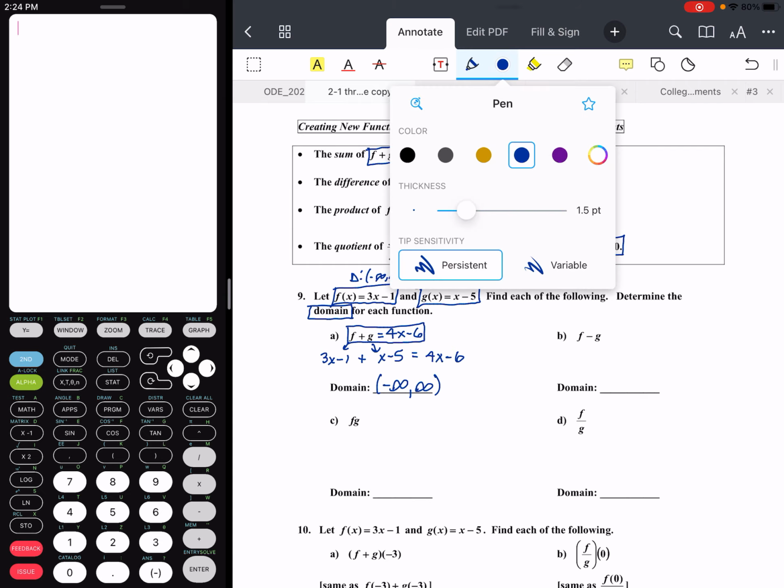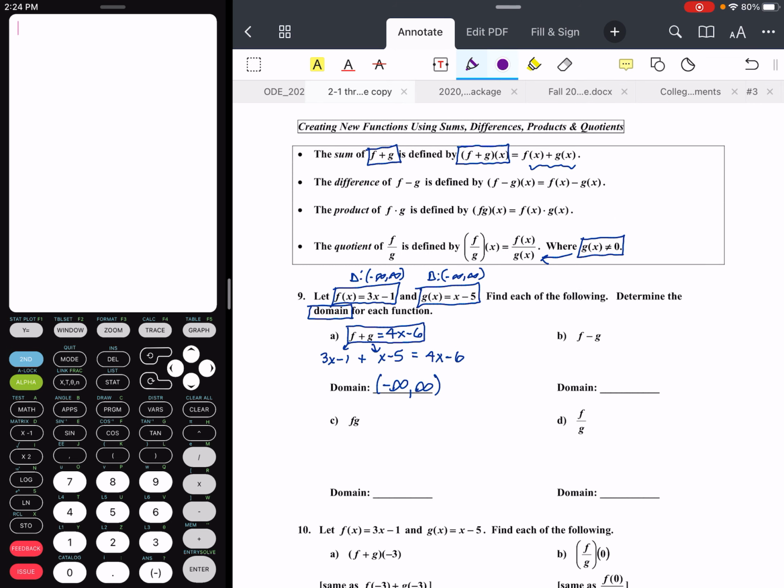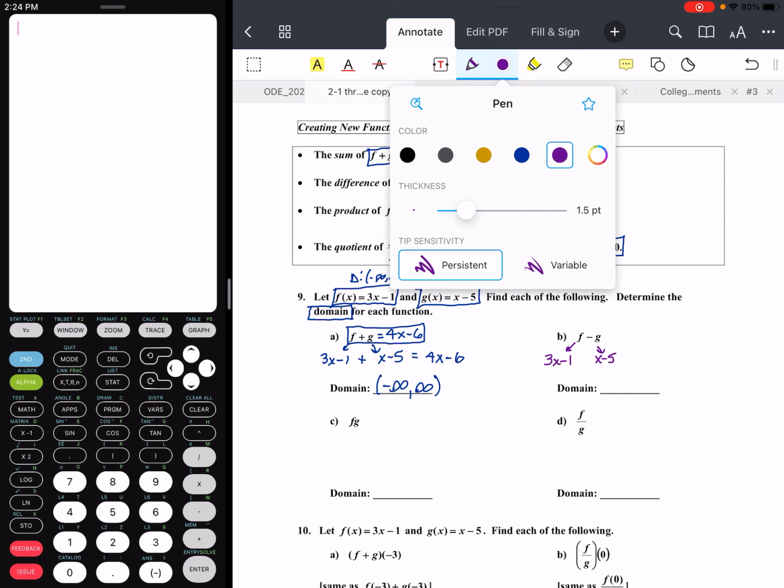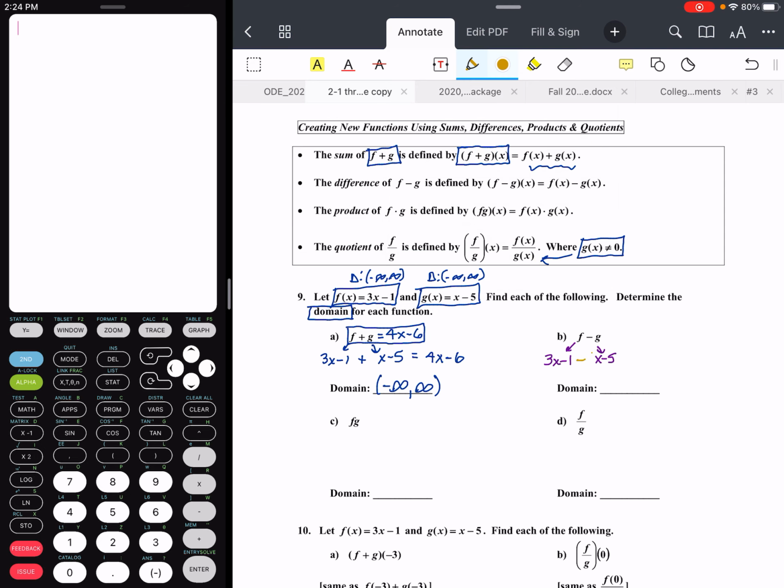All right, so next up, we have our difference function, f minus g. So we have our function f, which is 3x minus 1, our function g, which is x minus 5, but now we're going to be subtracting. So I'm going to put parentheses, especially around that second function, to denote that I'm going to distribute that negative sign.